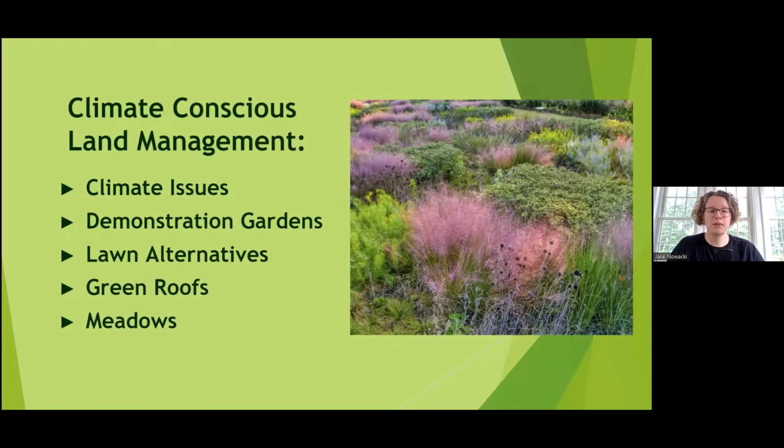The climate-conscious land management section is one of the most wide sections in the library. This includes general descriptions of climate issues, demonstration gardens, such as the Brandywine Conservancy in southeastern Pennsylvania, some lawn alternatives, green roofs, and meadows.